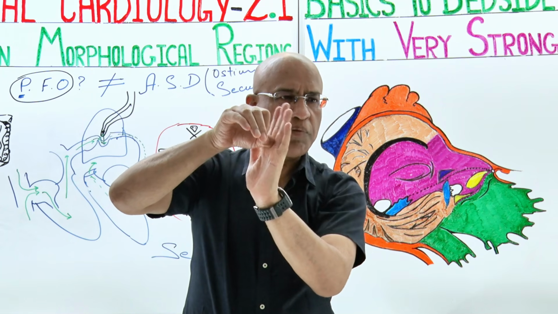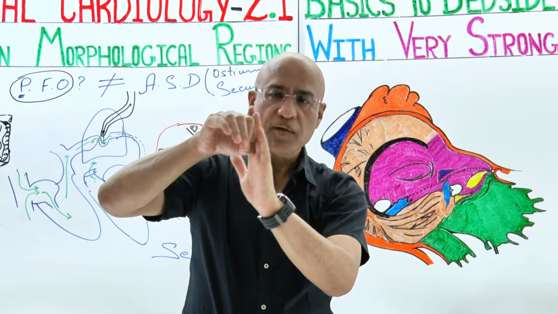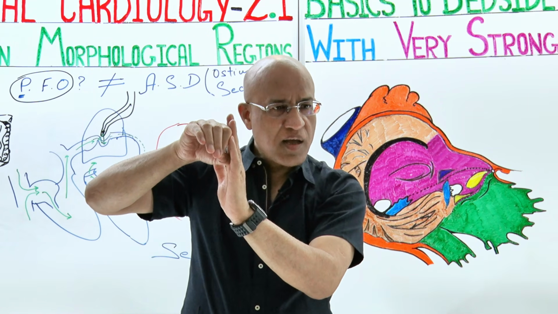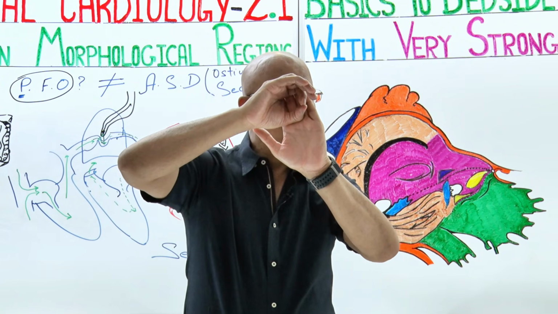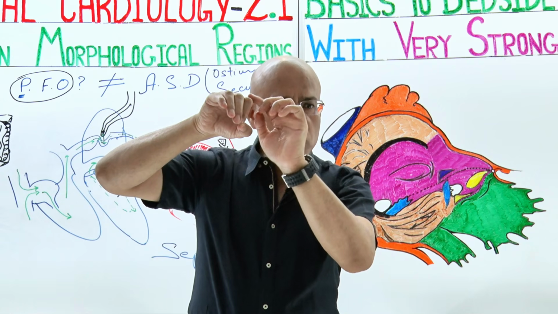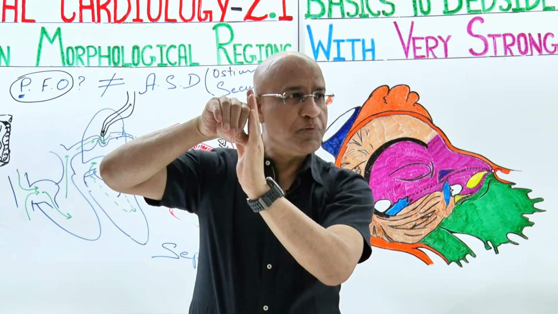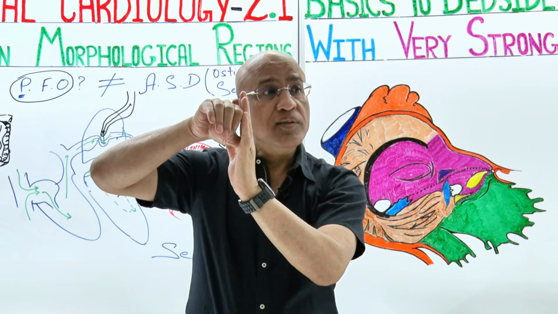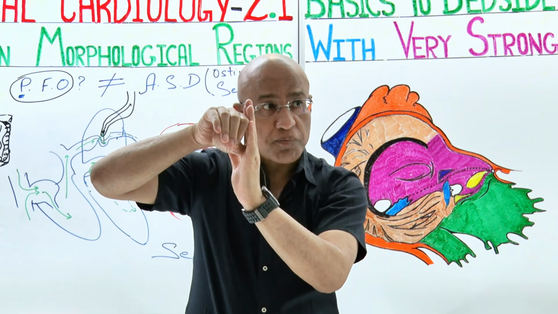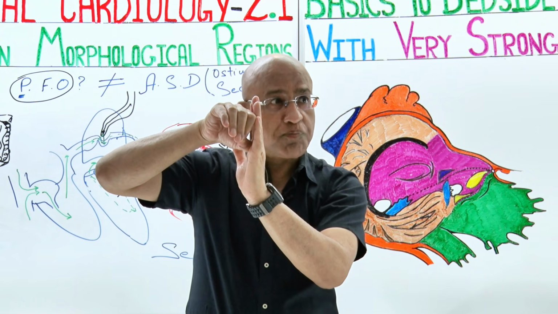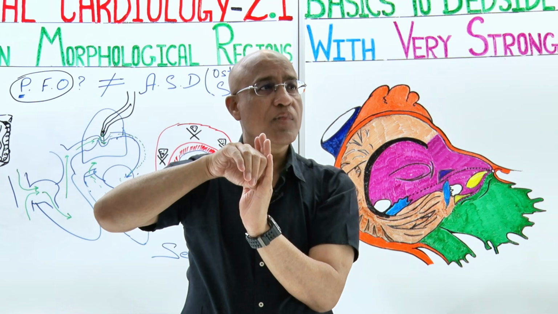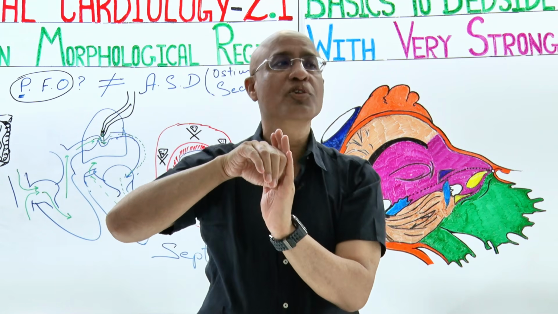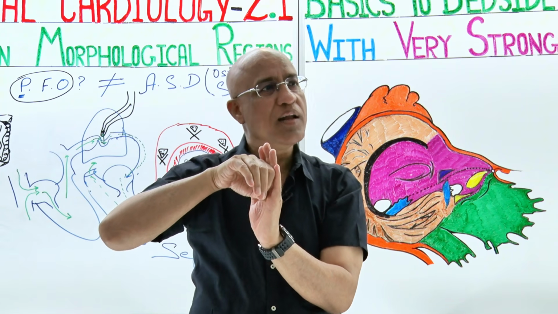Now, when the primum closes after birth, once it closes, the foramen becomes the fossa ovalis. Most of its margins will be fused. In 75% it fuses completely, and in about 25% some area does not close. Now what happens? Nothing happens most of the time. Why?